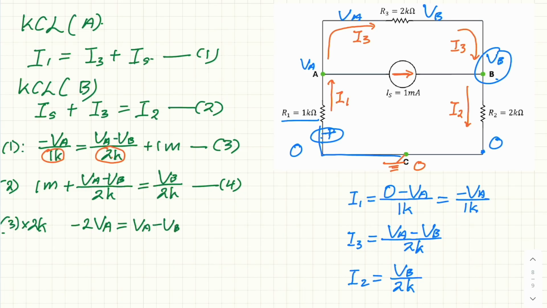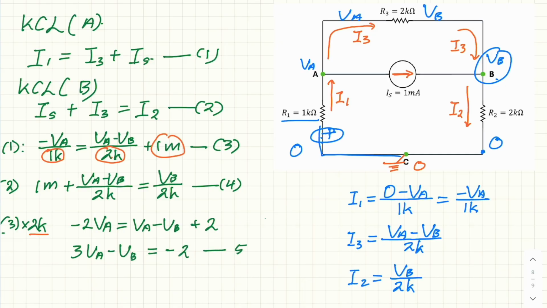Now remember, 1M also needs to multiply 2K. 1M multiply 2K is 2. So we have plus 2 here. So we can tidy up this one, become 3VA minus VB equal to minus 2.